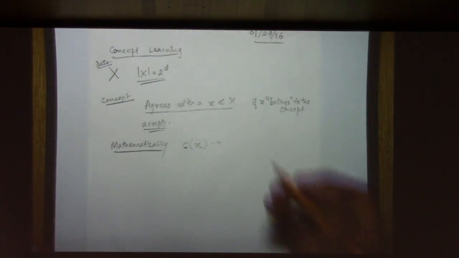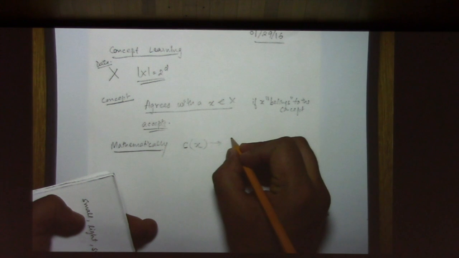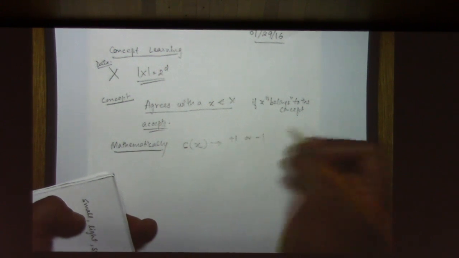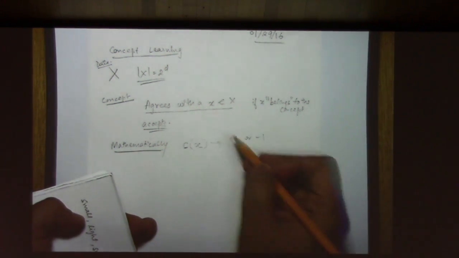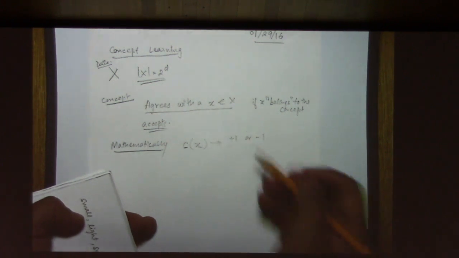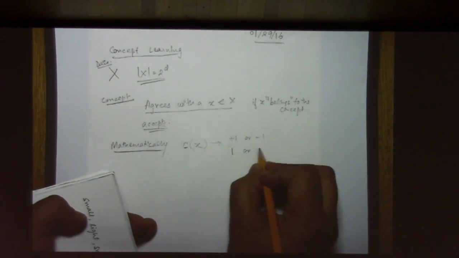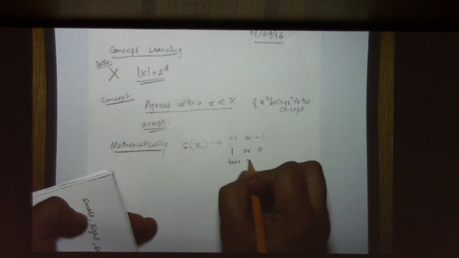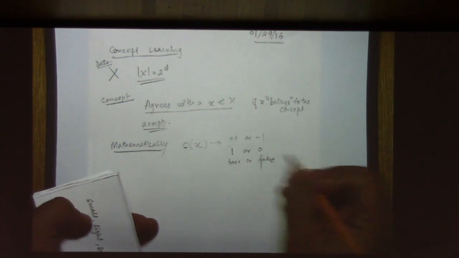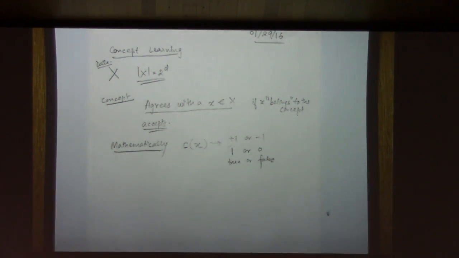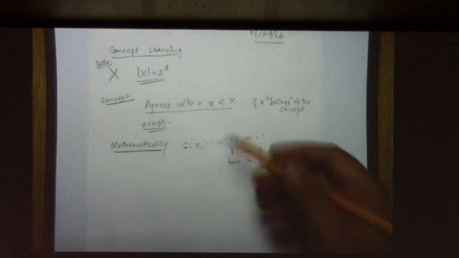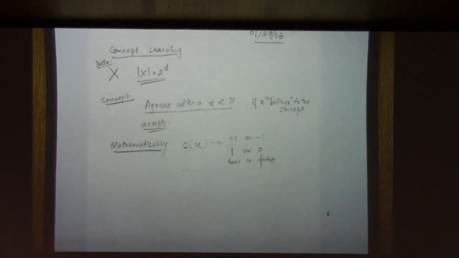The output could be +1 or -1, where +1 means it accepts X or agrees with X. It could be 1 or 0. It could be true or false. So there are many different notations there, and unfortunately, even in my notes, I switch from one to another. But slowly, I think I'll make it more consistent. Whenever you see any of these things, it essentially means the same thing, right?